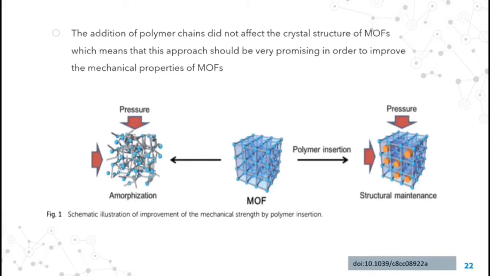While at the right hand side, when we insert the polymer and we apply pressure on the structure of the MOF, it will be maintained. So this shows that when we insert the polymer into the MOF structure, it will improve the mechanical strength of the material.